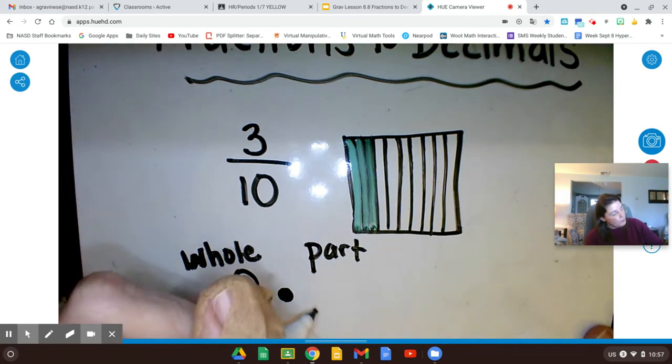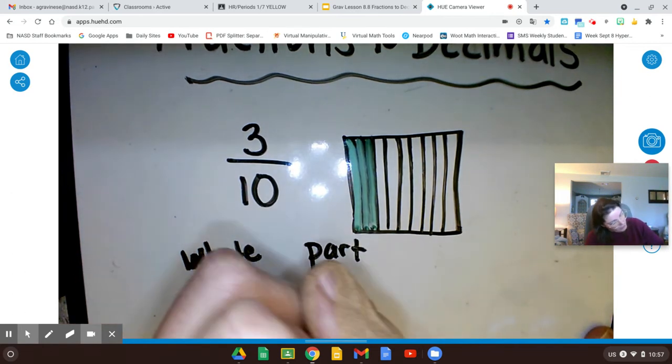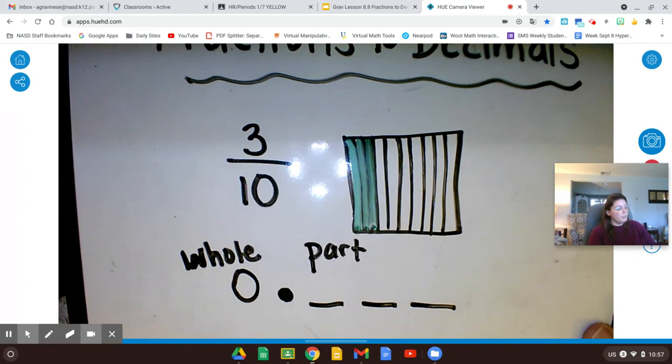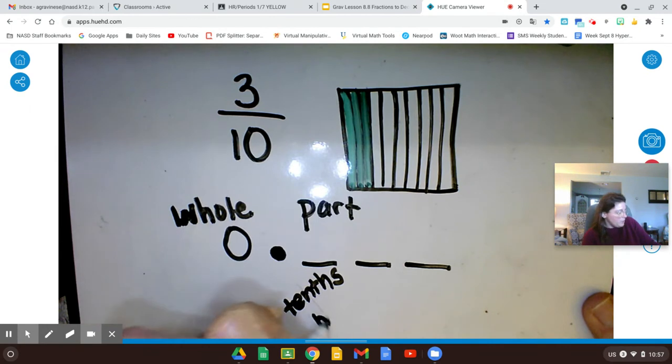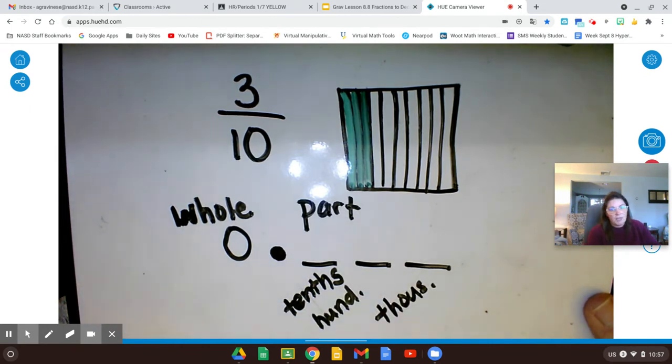So our decimal place values that we're working on in 5th grade include the first 3 positions to the right of your decimal point. The first position is the 10ths place. The next one is the hundredths. And the third is the thousandths. Remember, third, thousandths, 1, 2, 3 thousandths.